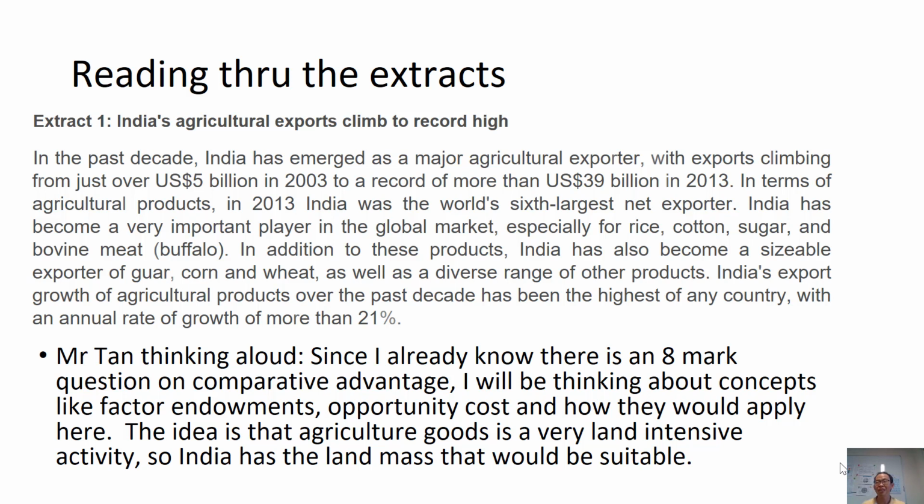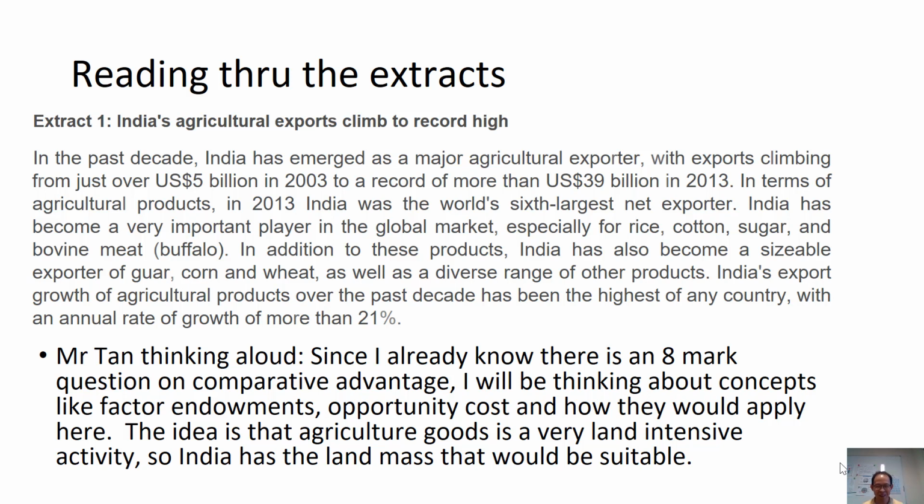So I'll recall that agriculture is a very land intensive kind of good. Basically, in order to have a lower opportunity cost in agriculture, you definitely need a lot of land. Agriculture requires land to grow. And ideally, you should also have a huge population size so that there can be a lot of farm workers.